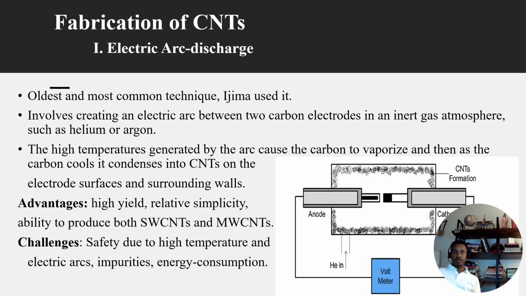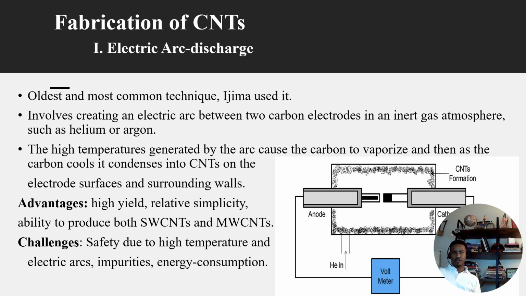We have two carbon electrodes as anode and cathode, and in this vacuum chamber, we've got helium or argon, which is an inert gas. The high temperature generated by the arc causes the carbon to vaporize, and then as the carbon cools, it condenses into carbon nanotubes on the electrode surface and surrounding walls.